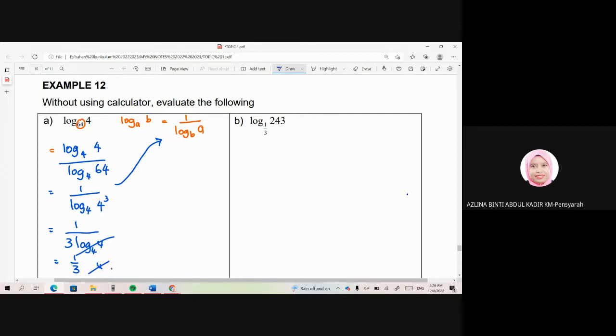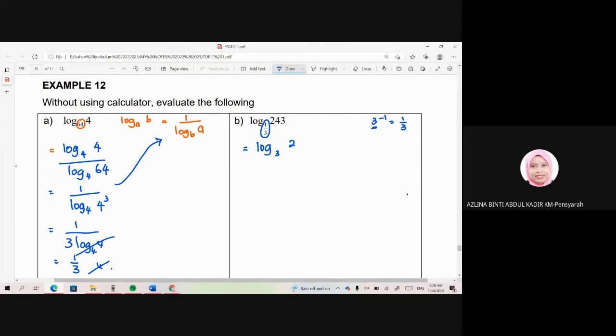Next, log 243 base 1/3. The base is a fraction. So how to simplify? First, 1/3 is 3 to the power of negative 1, so we change to base 3. How do we change base?